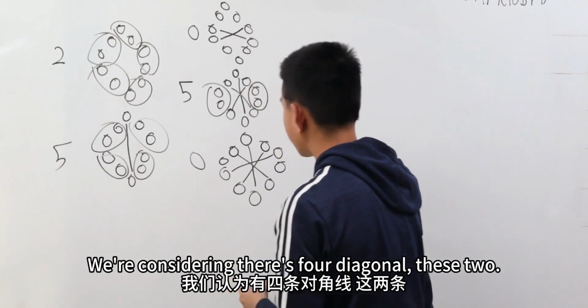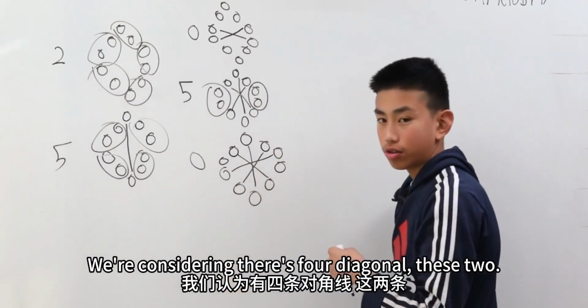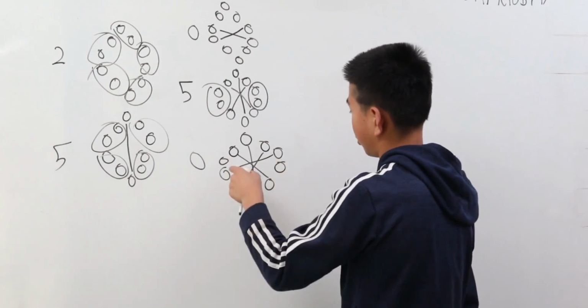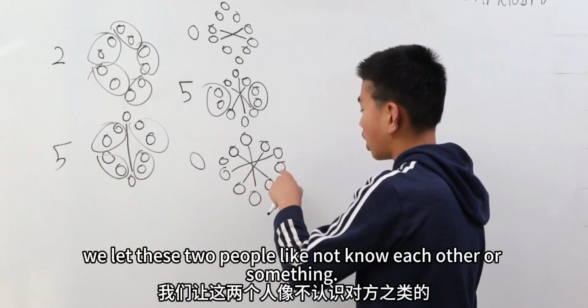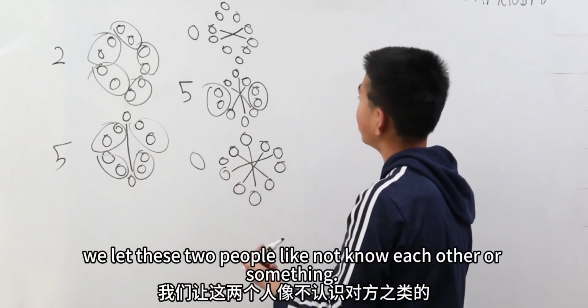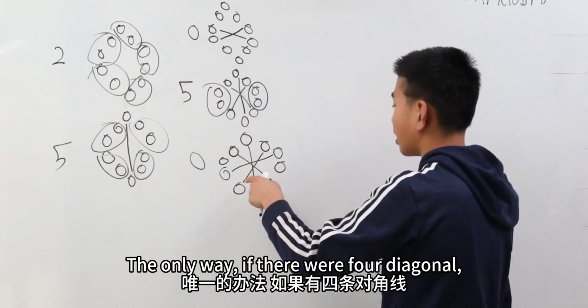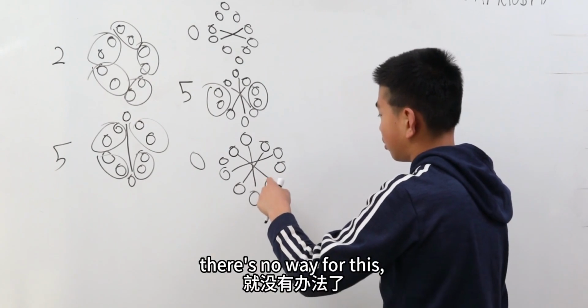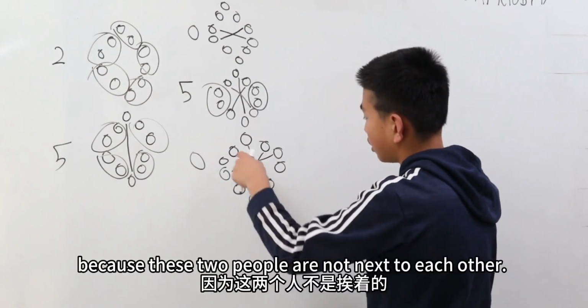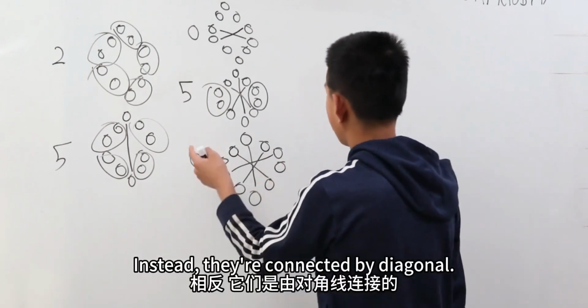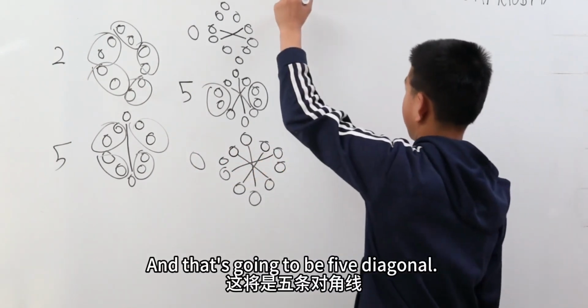So we're considering there's 4 diagonals. Since there's 4 diagonals, we can't add a 5th one. So in this case, these 2 people don't know each other, because there's no way. These 2 people are not next to each other. Instead, they're connected by a diagonal, and that's going to be 5 diagonals.